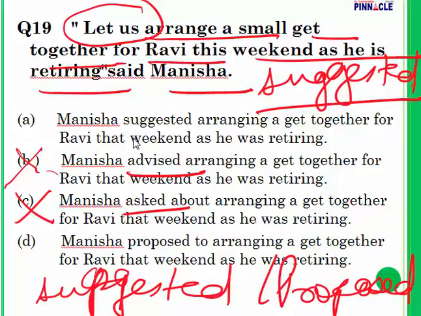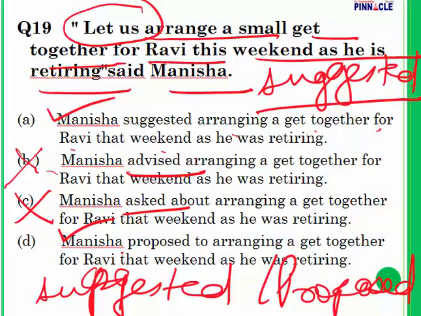I have suggested here, so option A could be a possibility, and in D I have proposed, so A could be a possibility and D could be a possibility. But in part A of the sentence, Manisha suggested arranging a get together for Ravi that weekend as he was retiring.